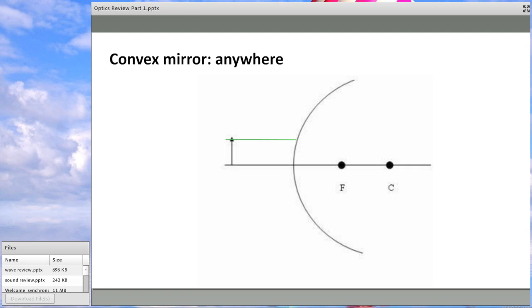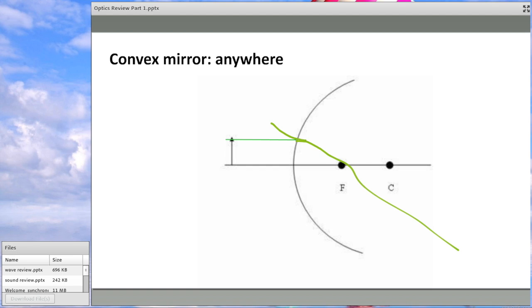Maybe I'll try and draw it. Can I get the ink to be green? It's not going to be exactly the same green. So we're going to go through here. I'm not really great at straight lines, but you kind of get the idea.